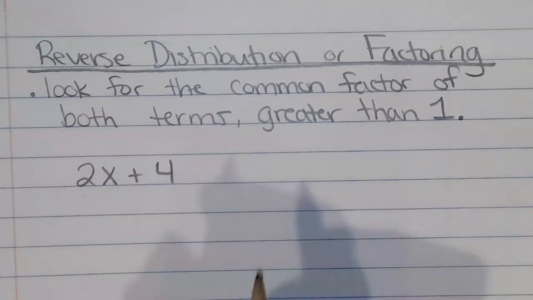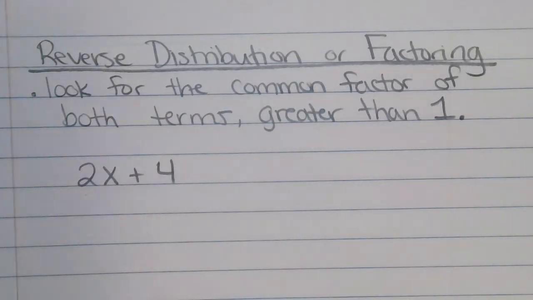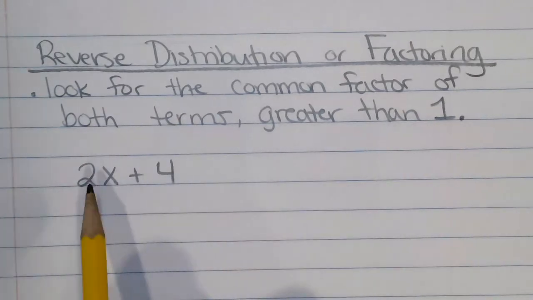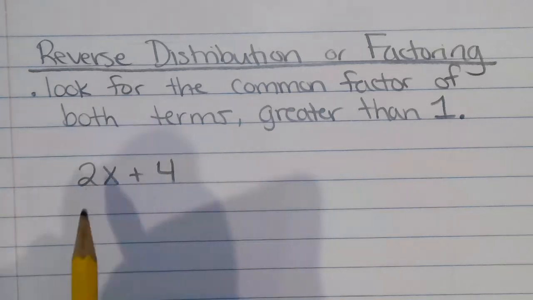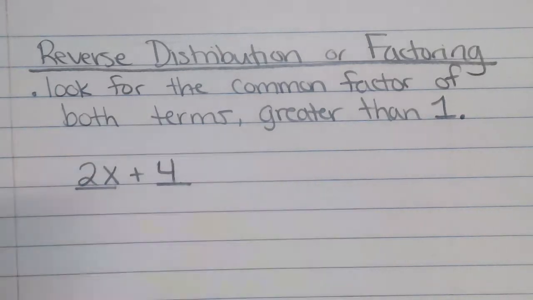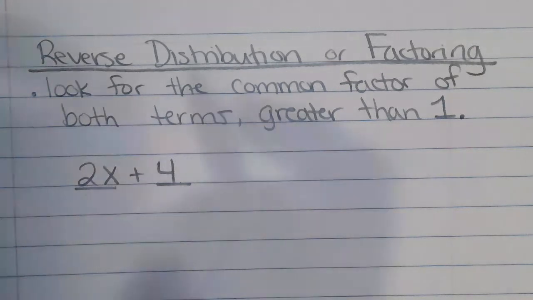To do this, I look at my expression, 2x plus 4. My terms are 2x and 4. I ask myself, what factor can go into 2 and 4? It has to be the same thing.